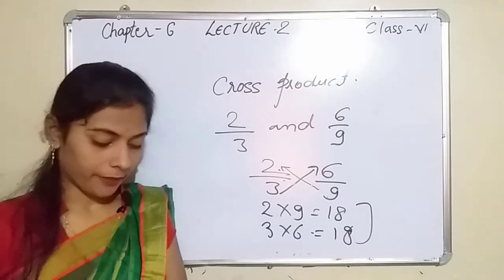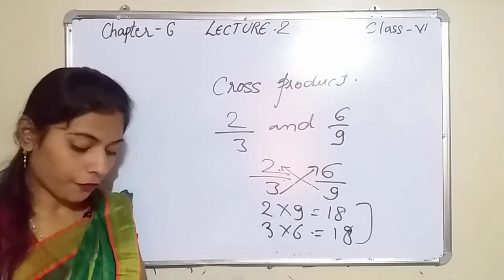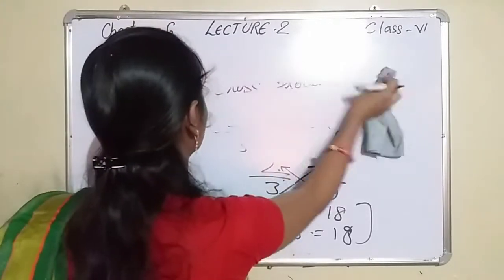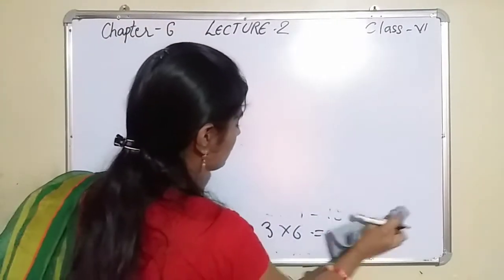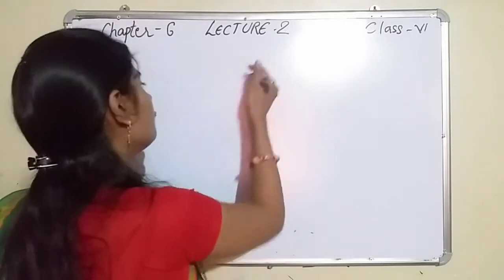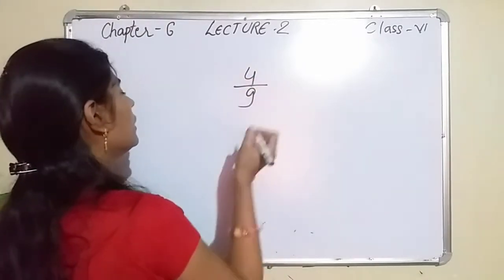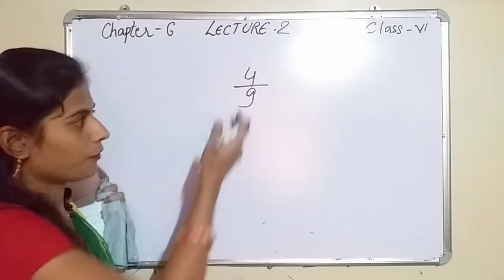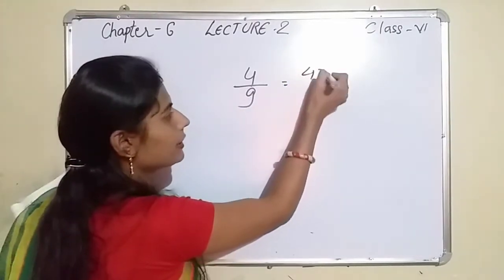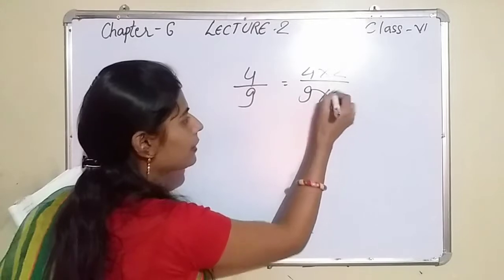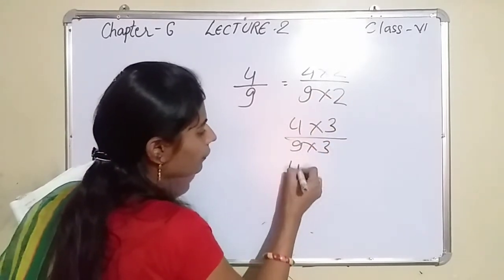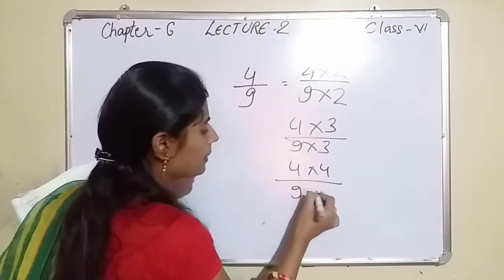Now see, example number 6. Write 4 equivalent fractions of 4 by 9. For finding the next 4 equivalent fractions of 4 by 9, multiply 4 by 2, 9 by 2. Then 4 by 3, 9 by 3. 4 by 4 and 9 by 4.